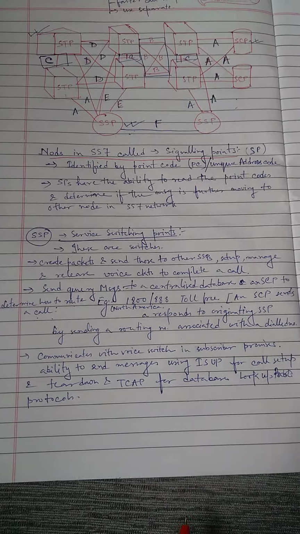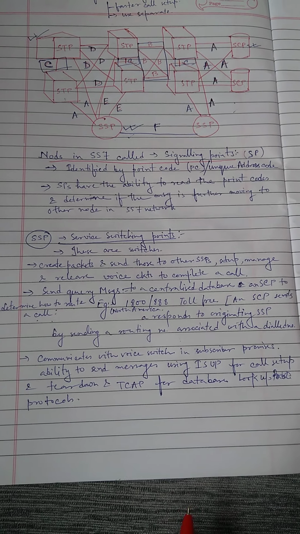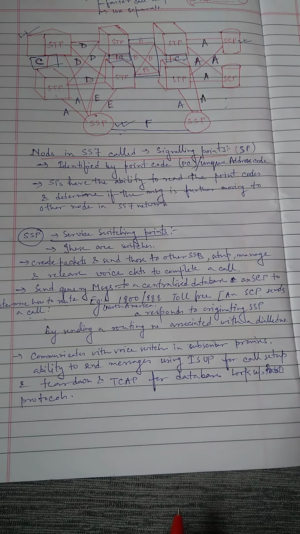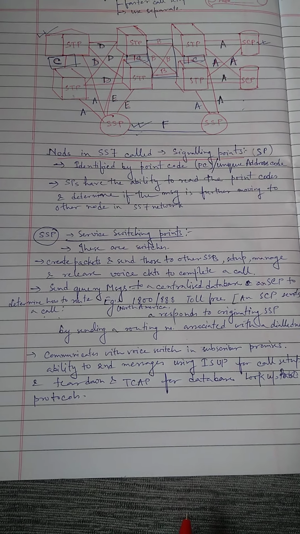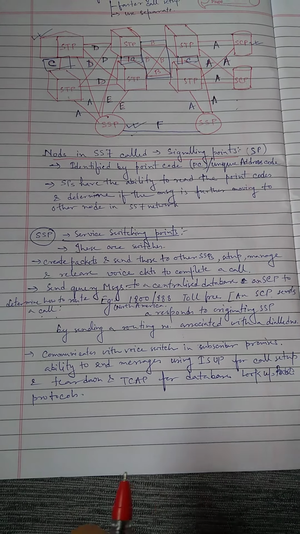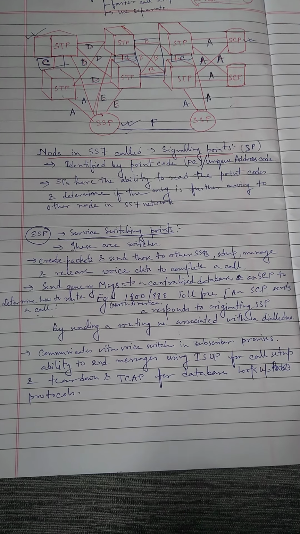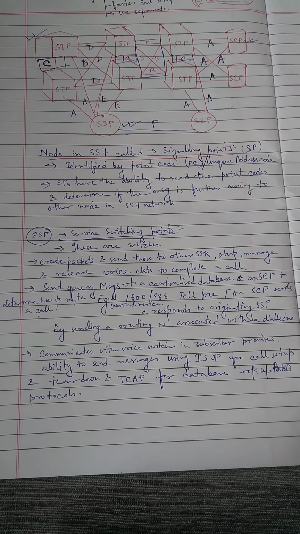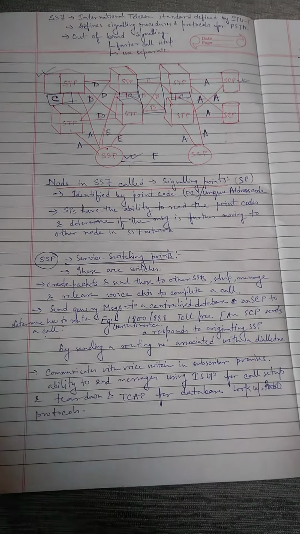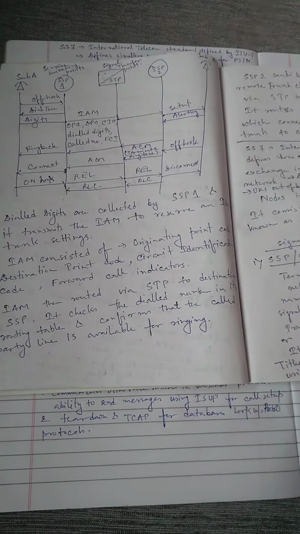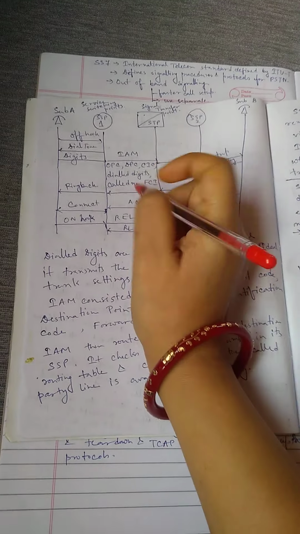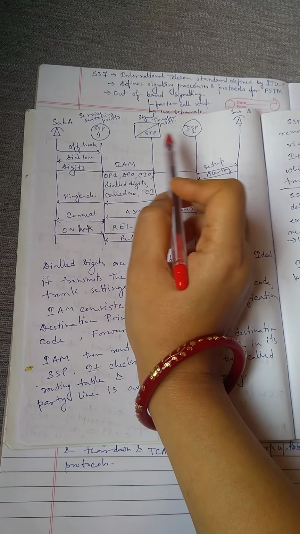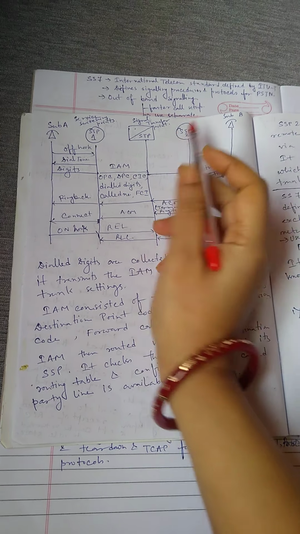It also sends query messages to a centralized database, that is an SCP, to determine how to route a call. Suppose in North America, a toll-free number 1-800-888 is dialed, then the SCP sends a response to the originating SSP. Now again, I have to refer to this diagram. This was my originating SSP and this is my destination SSP.